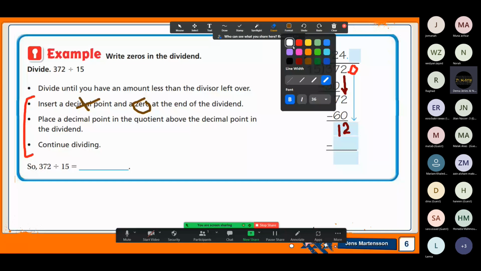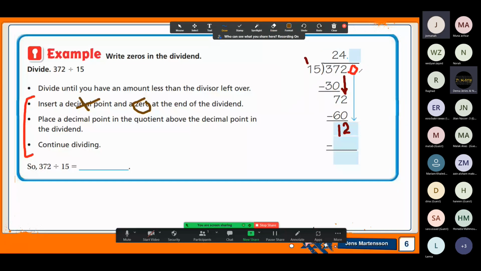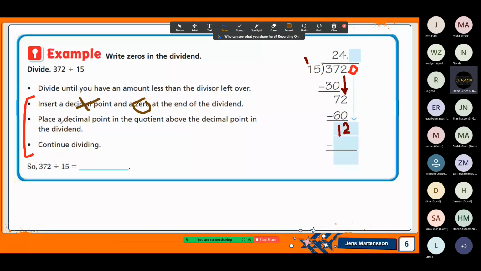Yes. Then next, after I add the 0, they told you now, place a decimal point in the quotient above the decimal point in the dividend. Then after you write a decimal point here, you have to write a decimal point up. Then let's continue.